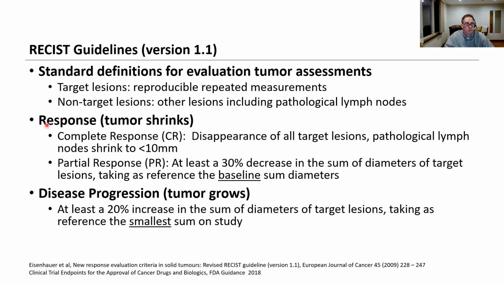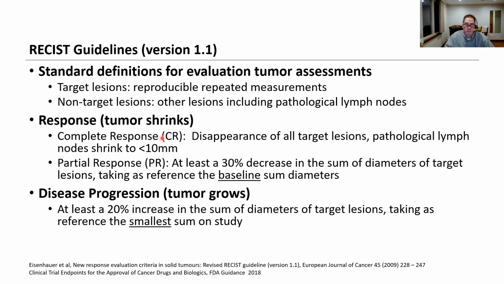So there are two broad definitions that they provide. One is response, like what happens if the tumor shrinks. That's an indication that the drug is working. And then there's disease progression. This is if the tumor grows, right? So if your patient's tumors are getting bigger, then the drug's probably not working. So response, there are two categories of response.